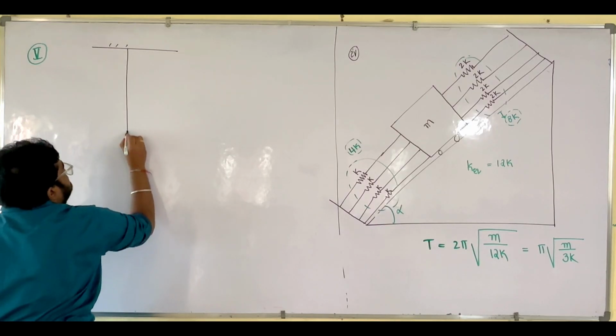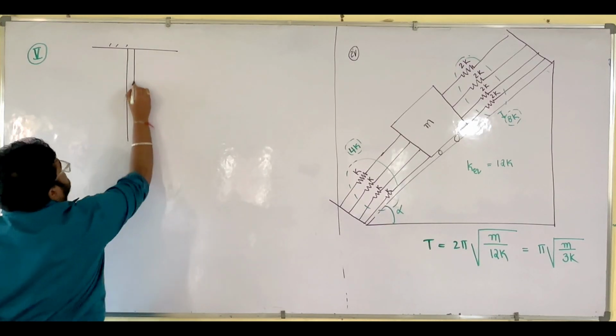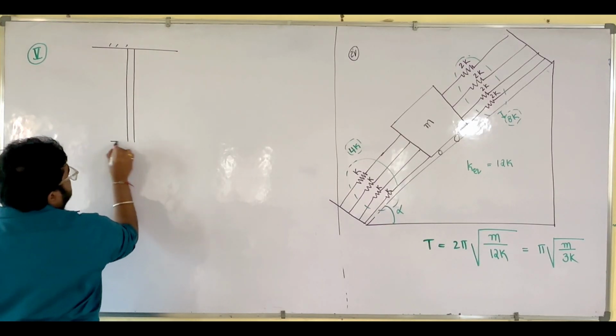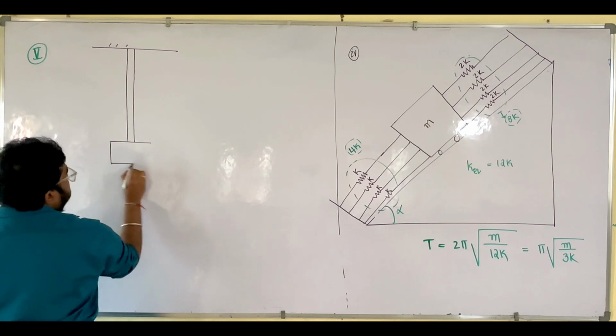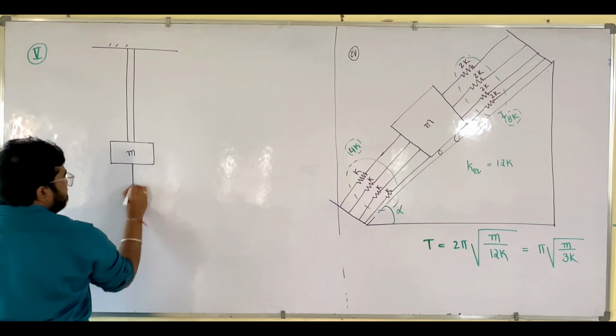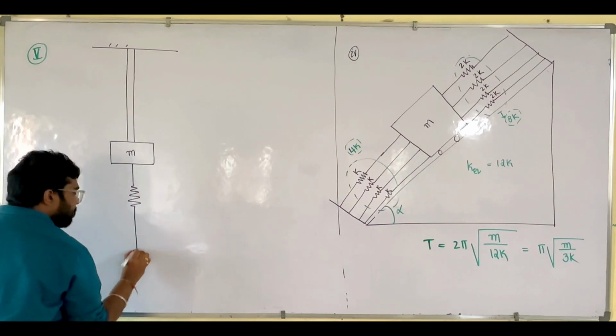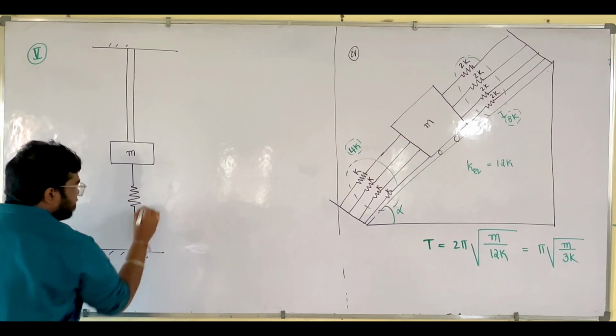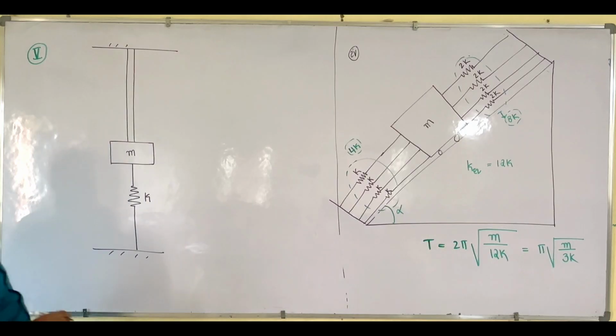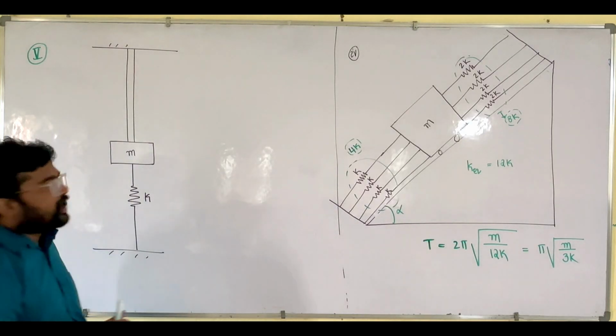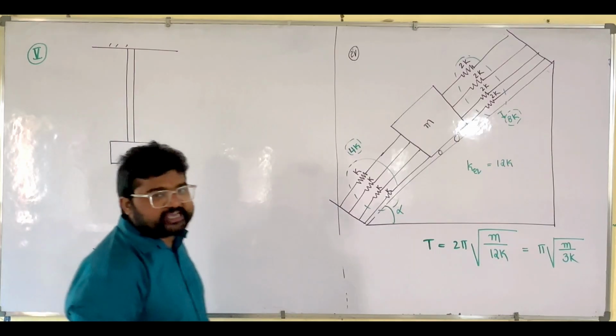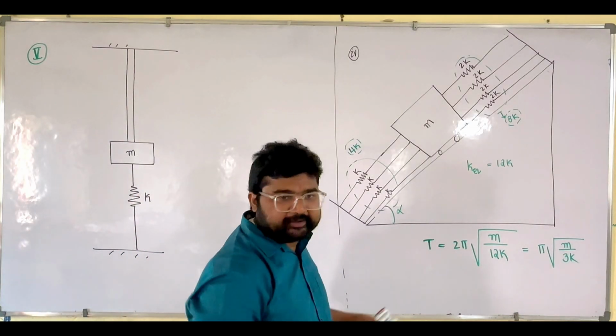This is the rod, of mass M. A spring is attached here, that is K. What is the time period of oscillation or frequency of oscillation? They may ask.